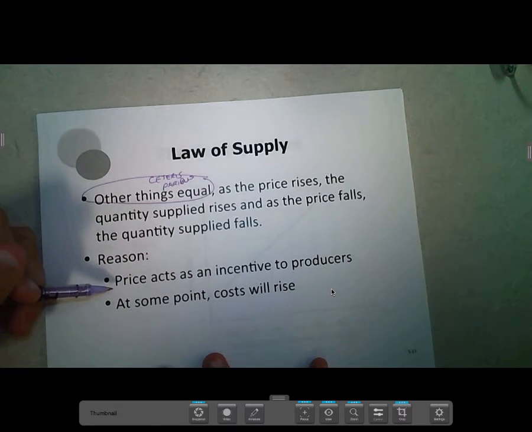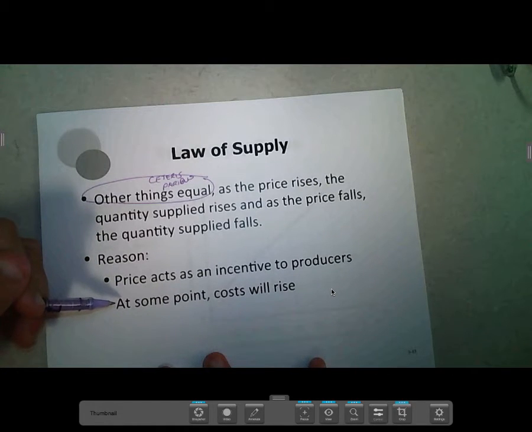Why does this happen? Why do firms sell more when the price goes up and sell less when the price goes down? Just think about how firms act. They want to get as much money as they can, and they don't want to sell that much if they're not going to make that much.